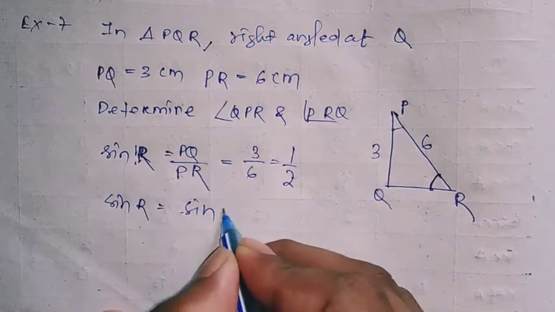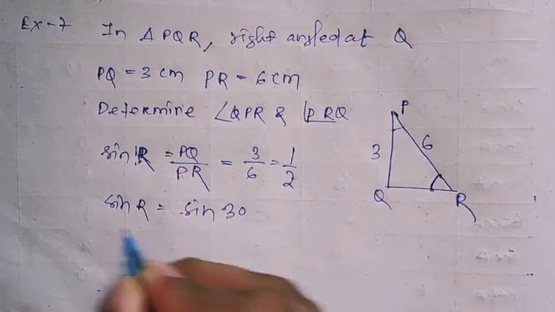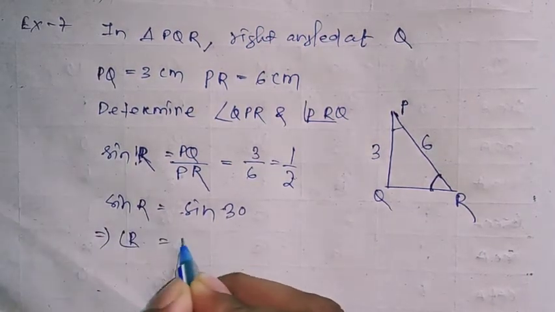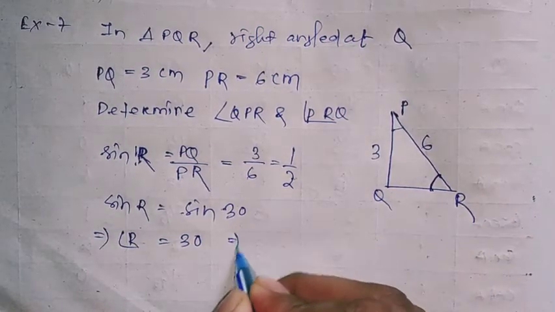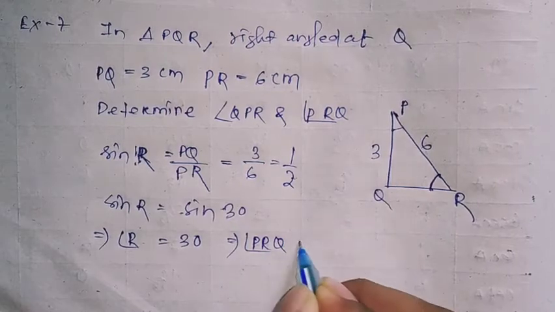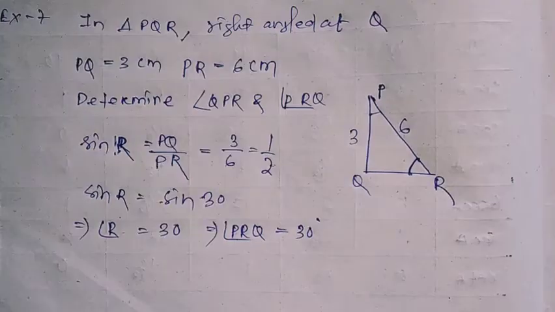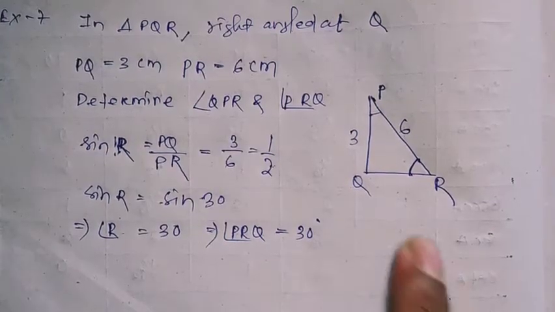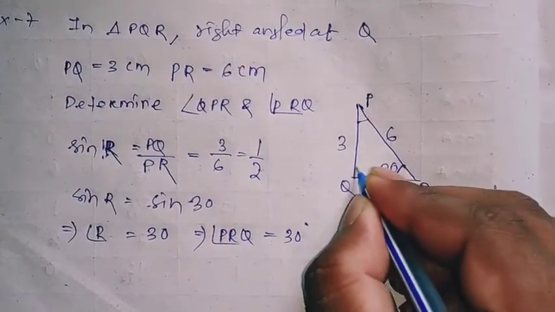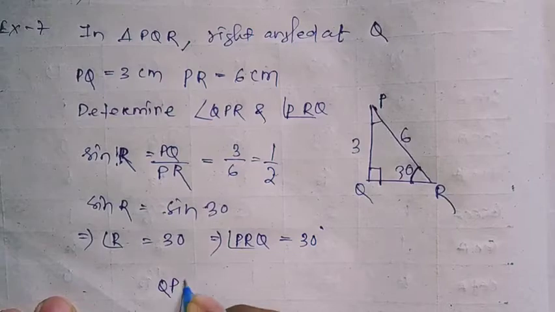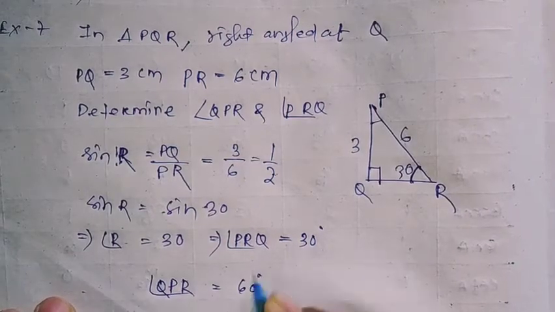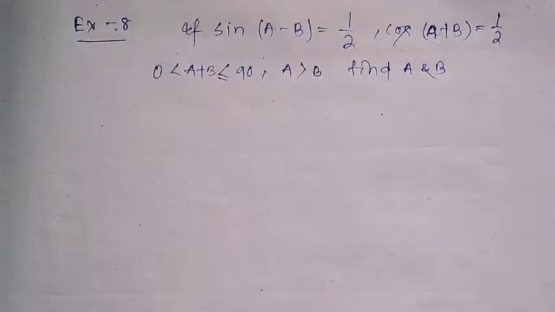So sine R is equal to 1 by 2 means sine 30. So R angle will be 30. R means angle PRQ. This implies angle PRQ is 30 degrees. Okay. So if this angle is 30, this angle is 90. So obviously angle QPR will be 60 degrees. It is the basic logic.